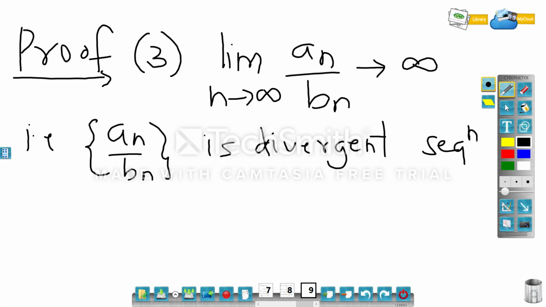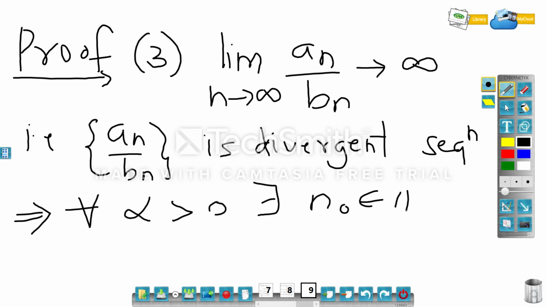And in first year BSc semester 1, we know the definition of divergent sequence. So we can say that for every alpha, a real number greater than 0, there exists an n naught belongs to natural numbers such that An upon Bn is always greater than that alpha.